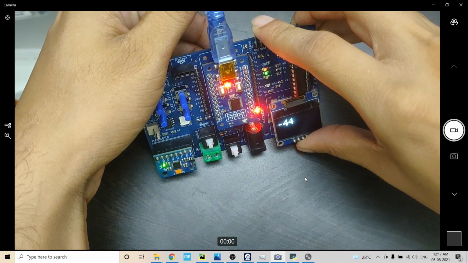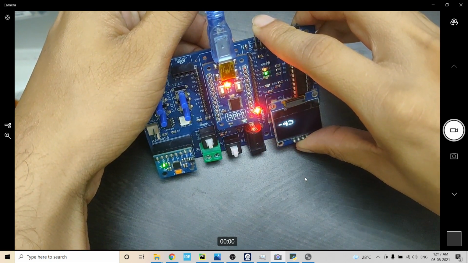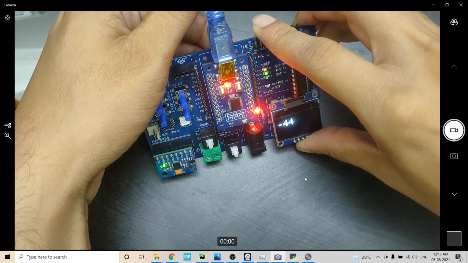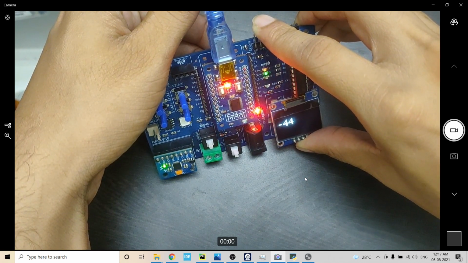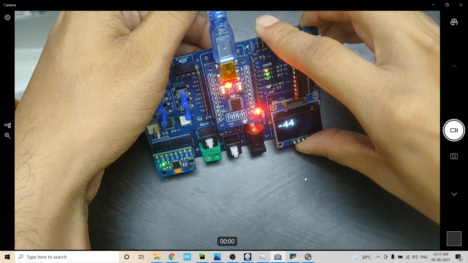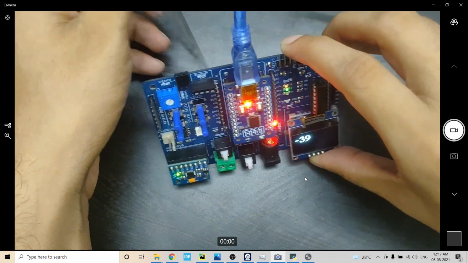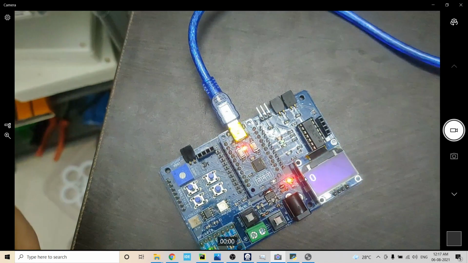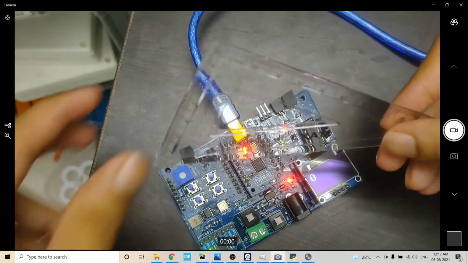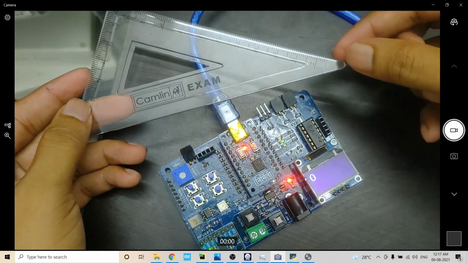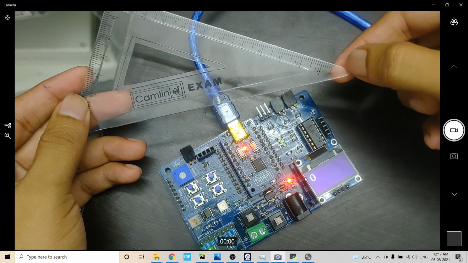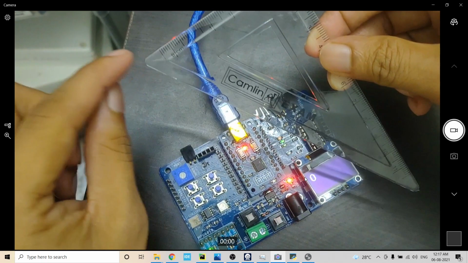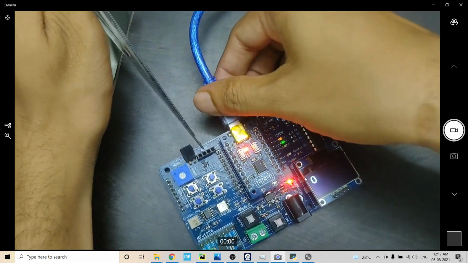You can see it is showing nearly 45 degree. Yeah, it is 45, 44. It is fluctuating. Okay, it is nearly 45. Also in this set square, one angle is 30 degree and this angle is 60 degree. So we will check first 30 degree.